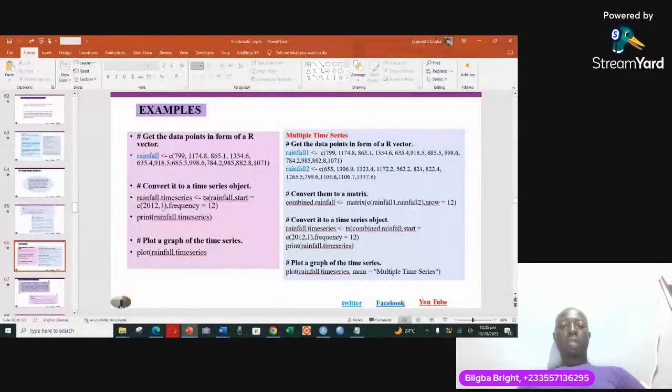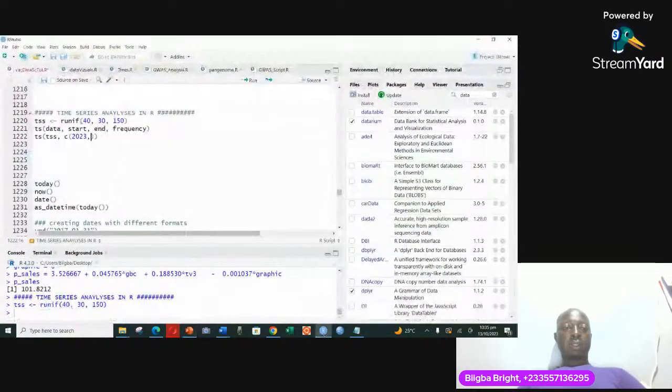When we are converting it to time series, we separate everything by comma. Let me go back to RStudio. If I put 2021, then 01 would mean we're talking about January, and then 01 again means we're talking about 1st January.